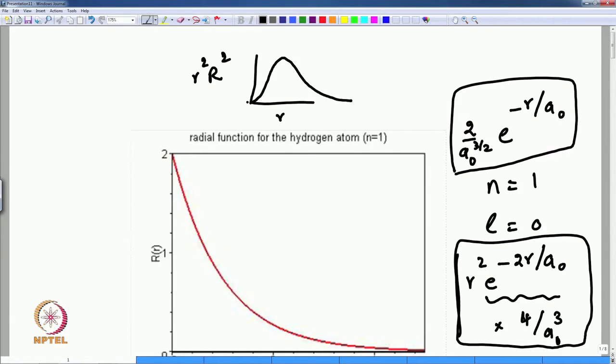It is 0 at r equal to 0. The radial function itself is not 0 at r equal to 0, but the radial probability, because of this r square, is always 0 at the nucleus, as the probability density is 0. The area under this graph is equal to 1. That is a normalization.